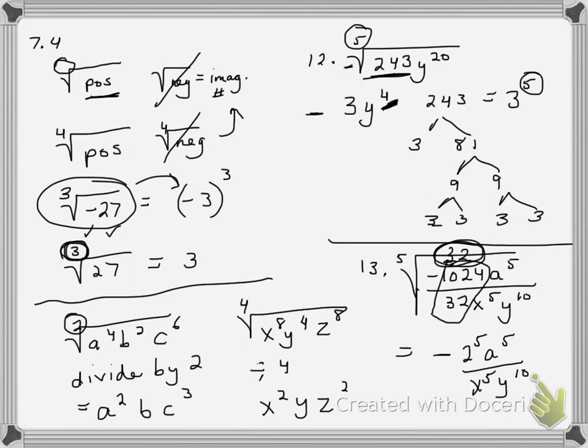So do that division ahead of time. Now you'll get a negative, dividing everything by 5. This will be negative 2a over xy squared. I think that you should be able to decipher these yourself, and if not, come to class and we'll discuss any problems you have.